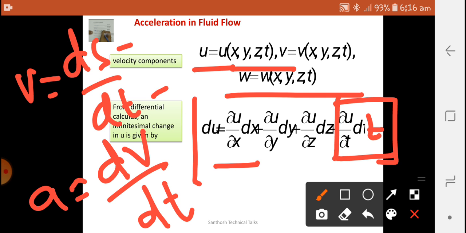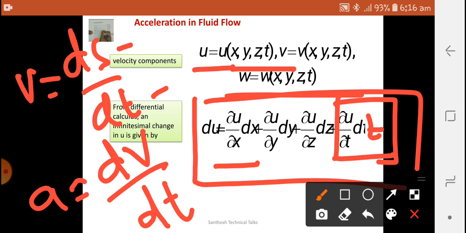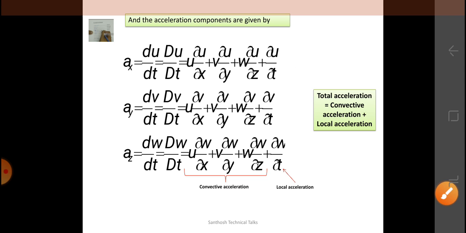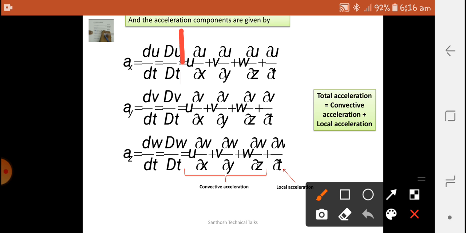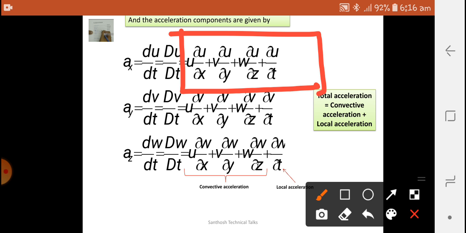This is the total acceleration of a fluid. In finding the total acceleration, the local acceleration comes into the picture, and that is why it is indicated. And the acceleration component, we know, is dou u by dou t. Therefore, the acceleration in x direction is u into du by dx plus v into du by dy plus w into du by dz plus dou u by dou t.